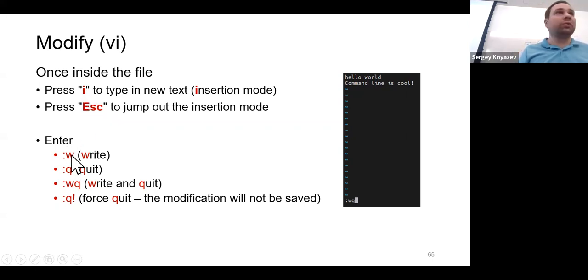To exit from your file, you put W if you want to write, Q if you want to quit, WQ to write and quit, and to force quit without changes, you input Q and an exclamation mark. Okay. So if you remember this sequence of commands, you can use Vim to edit your text.